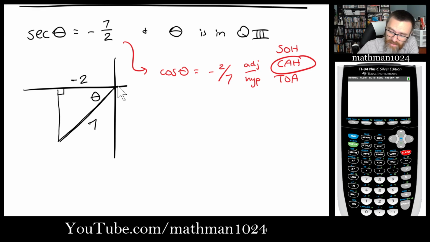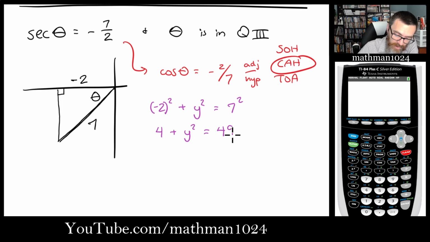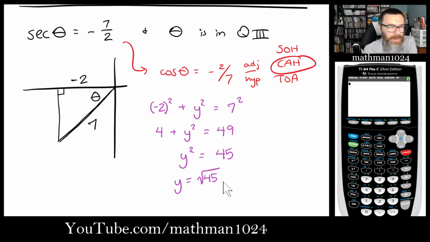And again, this is a Pythagorean theorem question. So I have negative 2 squared plus y squared is equal to 7 squared. So 4 plus y squared equals 49. Y squared equals 45. And y is going to equal the square root of 45, which we want to make sure we do simplify and reduce.